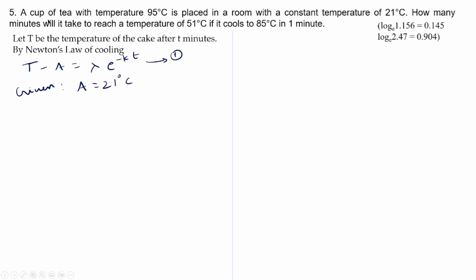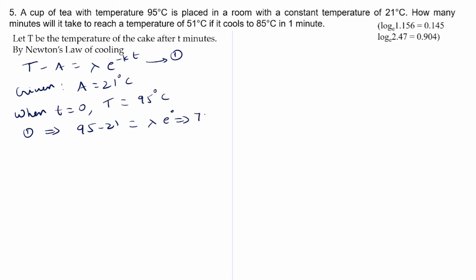And then it is given the initial temperature of the tea is 95 degrees Celsius. That is, when t equal to 0, the temperature is 95 degrees Celsius. So from this we have 95 minus 21 equal to lambda into e raised to 0. From this we get lambda as 74.